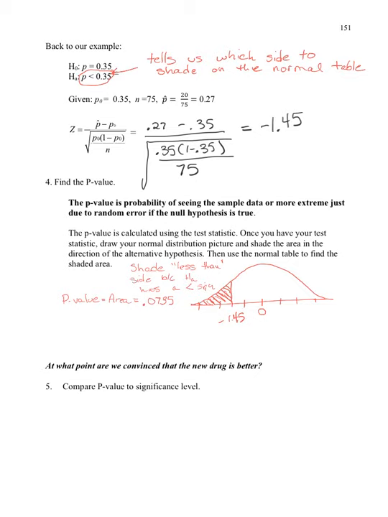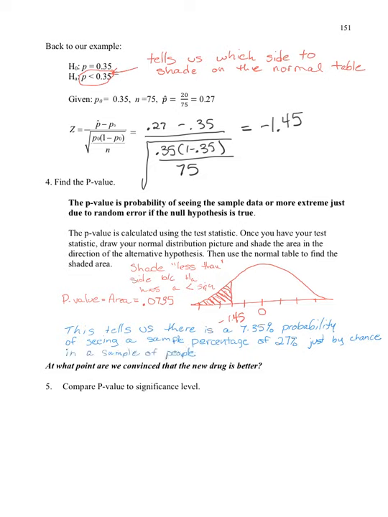And from the normal table, we can find out that the area on the less than side of negative 1.45 is 0.0735. This tells us there is a 7.35% probability of seeing a sample percentage of 27% just due to random error, or I'm going to say just by chance, in a sample of people taking the original drug.